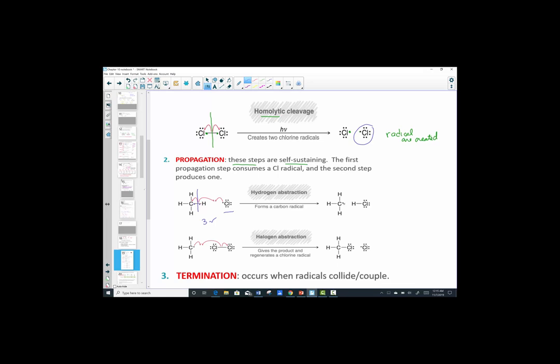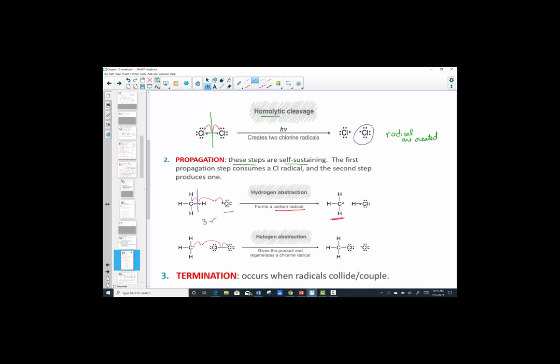So color coding, the blue electron, one of them remained on the carbon. A blue electron now remains there on the hydrogen, and if we color code this electron red, we can see where it landed in this new bond. So a hydrogen abstraction forms a carbon radical in the first propagation step.